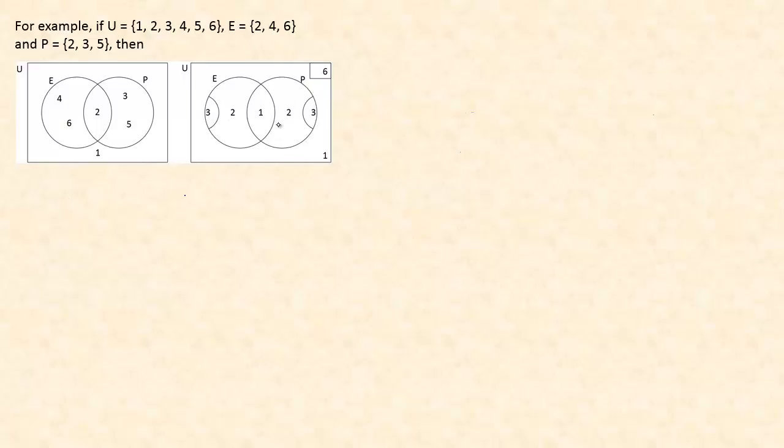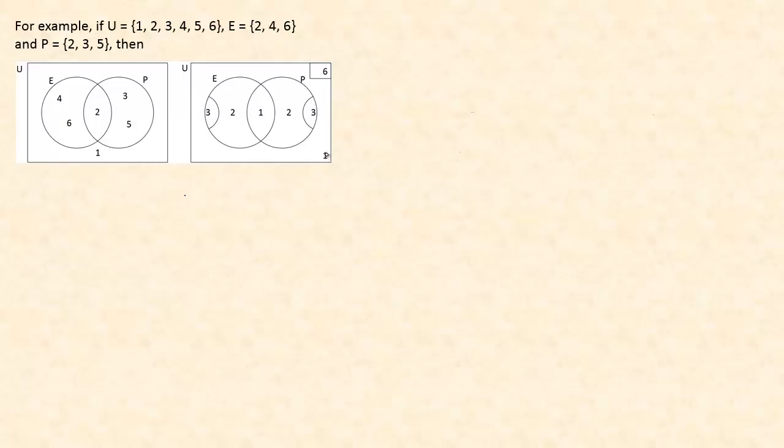This one shows the number of elements in each part of the diagram. Note this 3 here means there's 3 in the E circle. Then we have 2, which would be the 4 and the 6. There's 1 element in the overlap. This 2 here would represent the 3 and the 5, so 2 elements there. 3 elements in all in here.